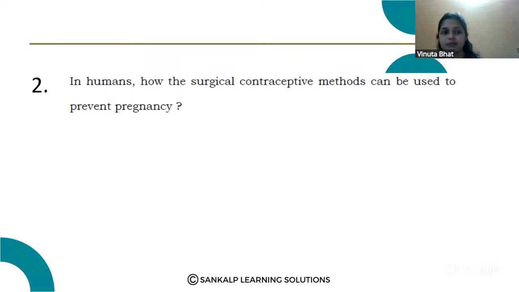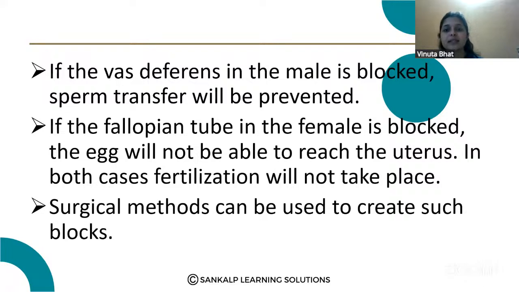Here, if the vas deferens in the male is blocked, sperm transfer will be prevented, and it is also called vasectomy. If the fallopian tube in the female is blocked, the egg will not be able to reach the uterus. In both cases, fertilization will not take place.